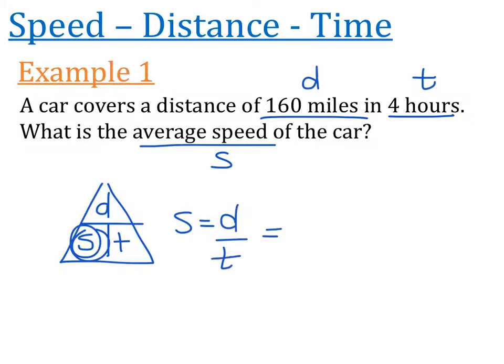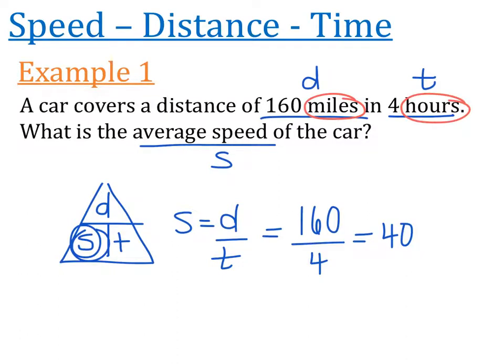So let's fill that in. 160 divided by 4, which is 40. Now let's consider what the units are going to be. We've got miles on the top and hours on the bottom. So that is going to be miles per hour. There we go. That's the whole question done. That's really as fancy as I'm looking for it to get today. I just need to make sure you can do these questions.